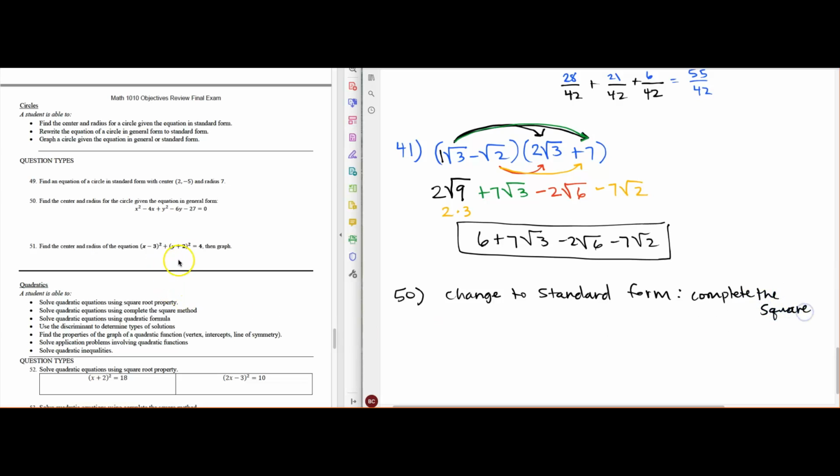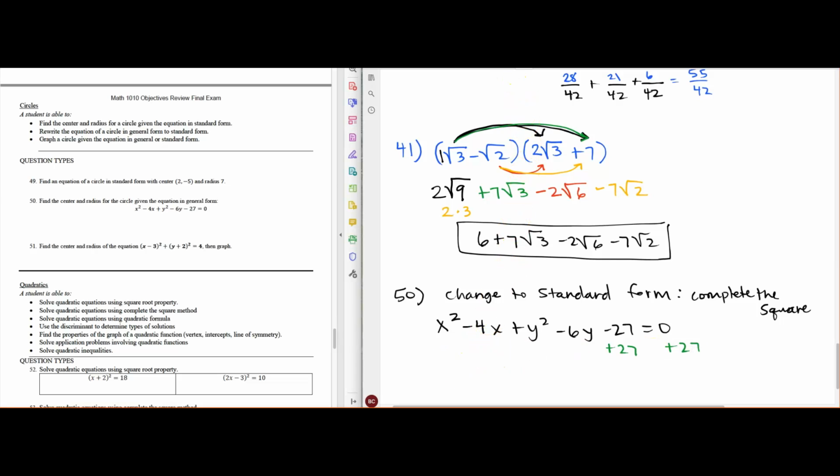Remember, the first thing you're going to do is write it down here. I've got x squared minus 4x plus y squared minus 6y minus 27 equals 0. First thing we want to do is take our constant term and move it over to the other side.